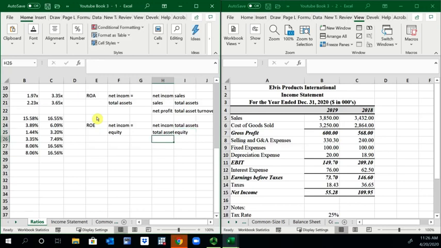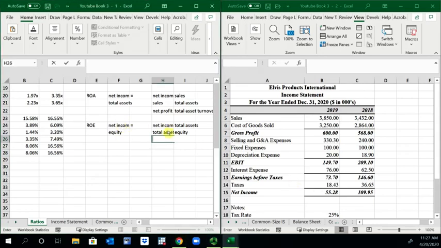So net income over total assets, that's your ROA.